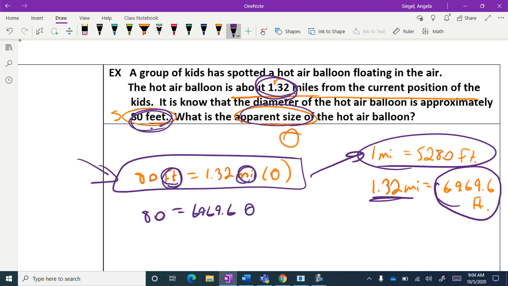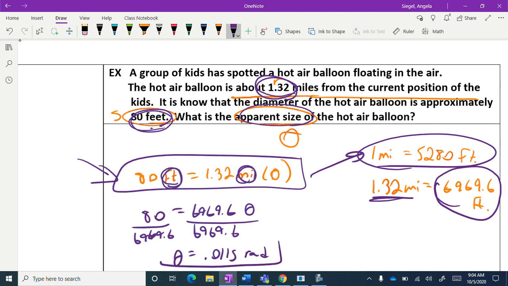I'm just going to divide both sides by this. Oops. And I get theta equals about 0.0115 radians. And again, if it specifically asks for degrees, then I would multiply that by 180 over pi, and I can do that.